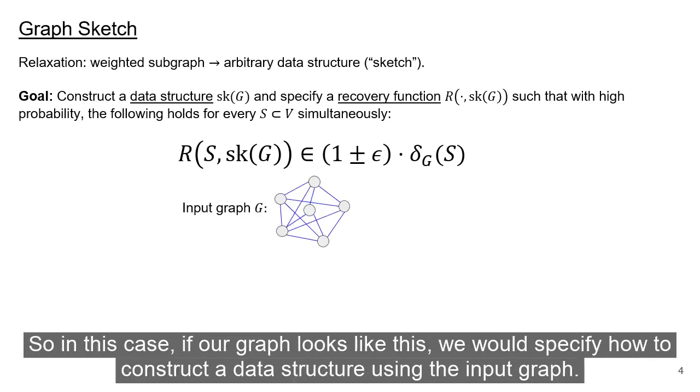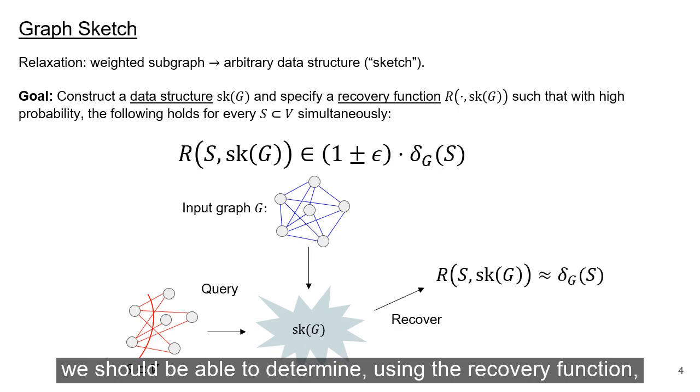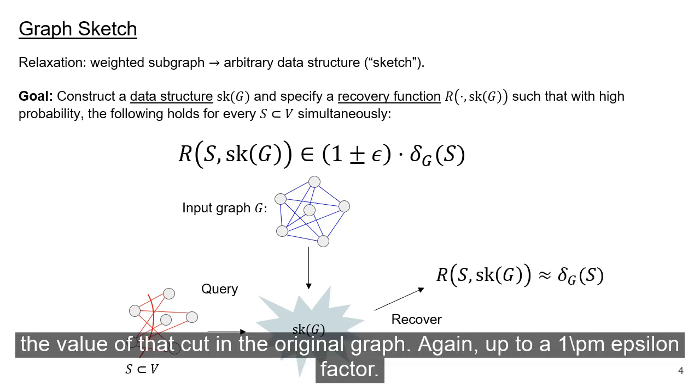So in this case, if our graph looks like this, we would specify how to construct the data structure using the input graph. And then upon a query, which is simply a subset of vertices, we should be able to determine using the recovery function the value of that cut in the original graph, again up to a 1 plus minus epsilon factor.